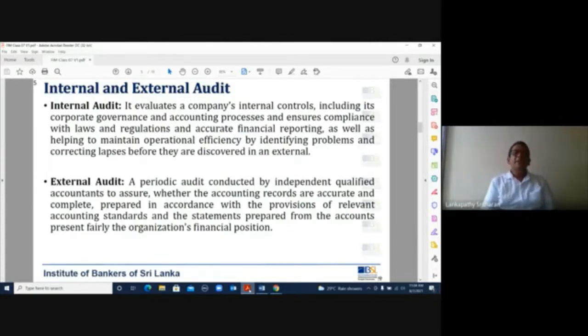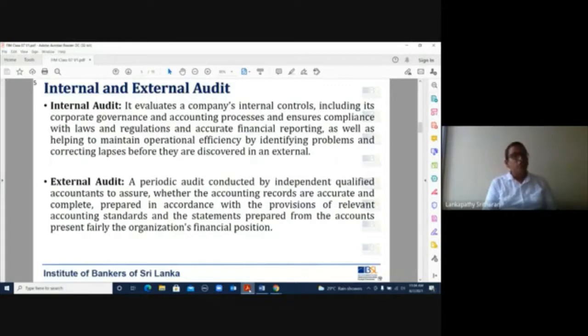So these are the people checking and giving assurance that all the internal control policies are properly implemented, that accurate financial reporting is happening, and that all the regulations are implemented by the business unit.